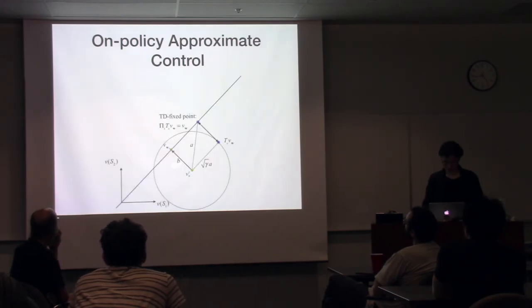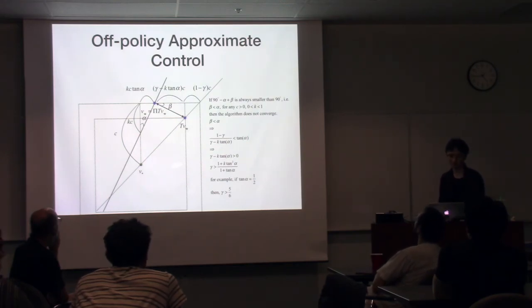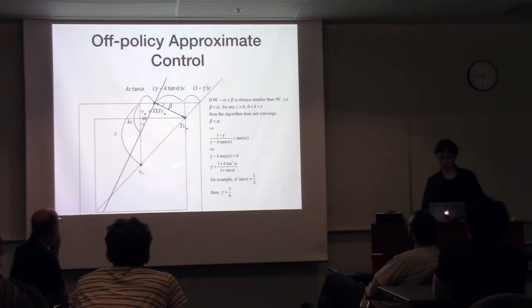This is the off-policy approximate control, which is related to Q-learning. We see from this diagram that Q-learning is also going to diverge. This is just an example, but if we have time, we can talk about it in the future.